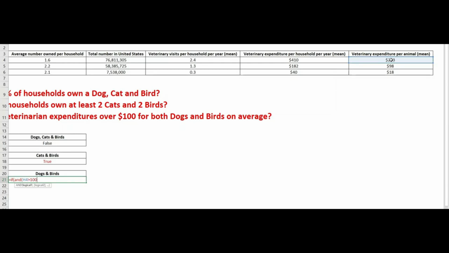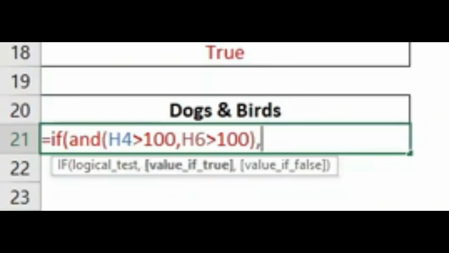100. You don't have to use the dollar sign here. Do a comma, and then we're going to do birds, which is H6. Again, just greater than 100. We're going to close our parentheses because that's the only two logical tests we're going to do. Then we're going to do our comma to tell Excel it's time to do our true outcome.